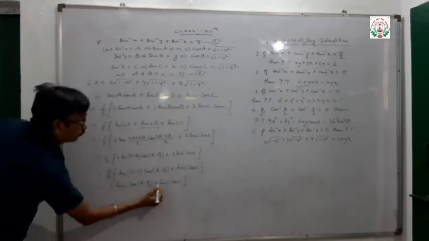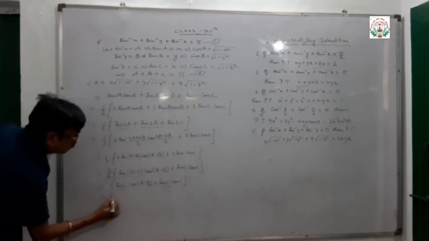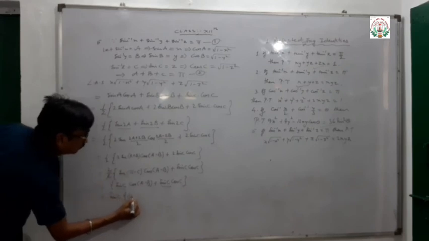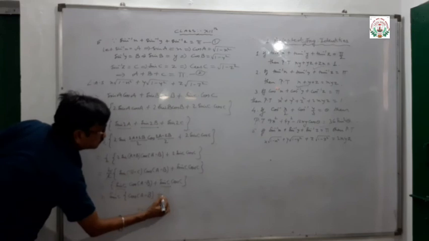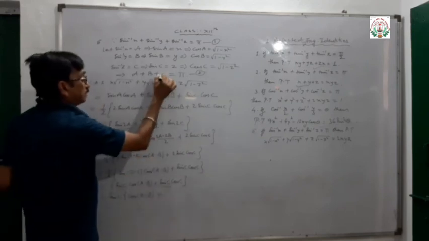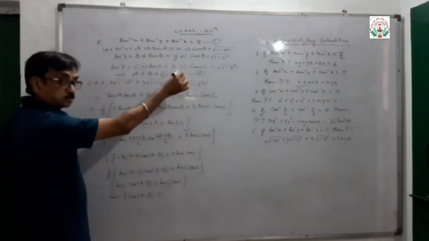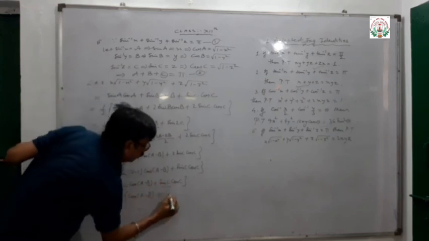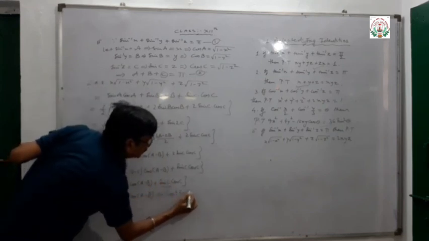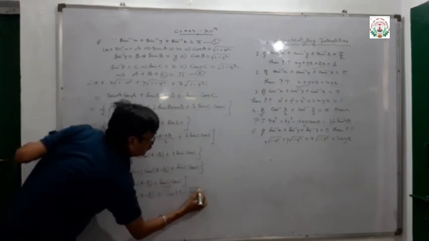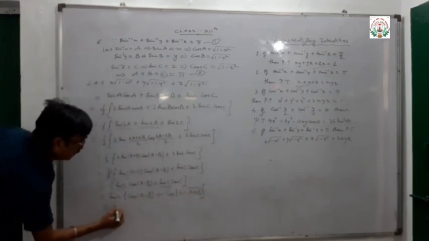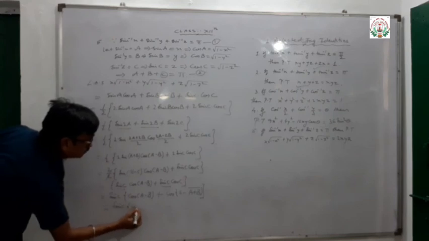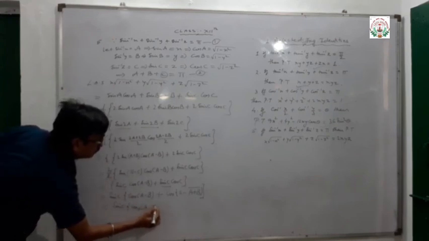Now I can take common sin C from here. So sin C is taken common, cos (A minus B), now plus this cos C. The angle C value is pi minus of (A plus B). So cos of pi minus (A plus B). So it becomes sin C cos (A minus B).